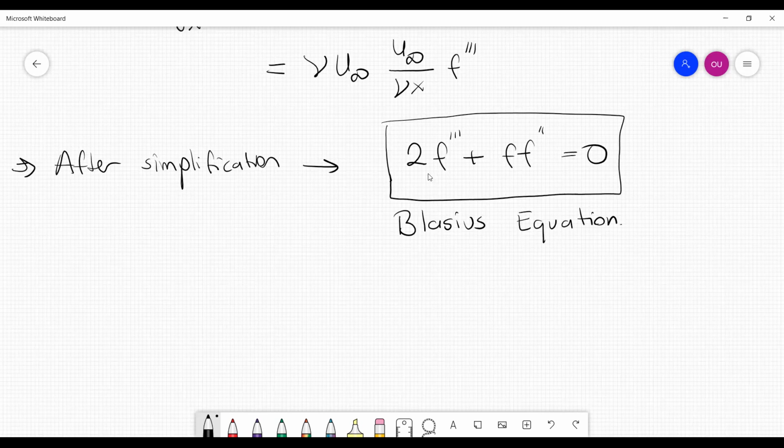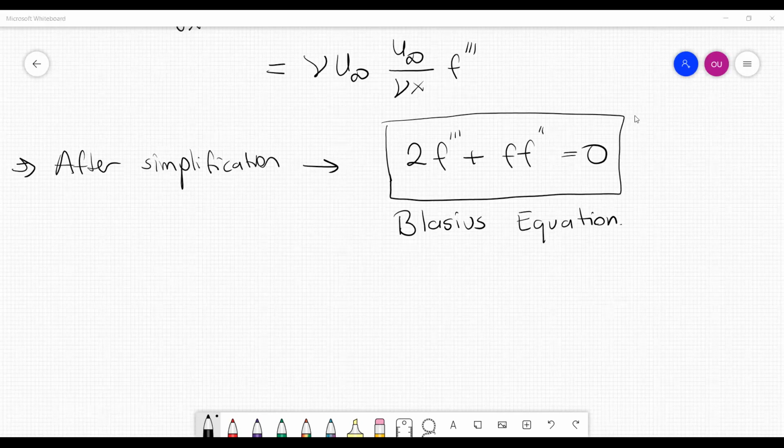Now, after applying this mathematical transformation plus this definition of the stream function, this set of 3 partial differential equations is reduced to one single equation, and not only that, it is an ordinary differential equation. It's not a partial differential equation anymore.